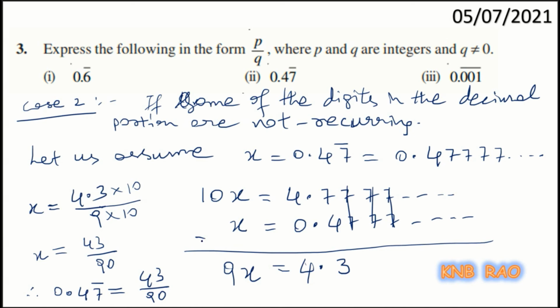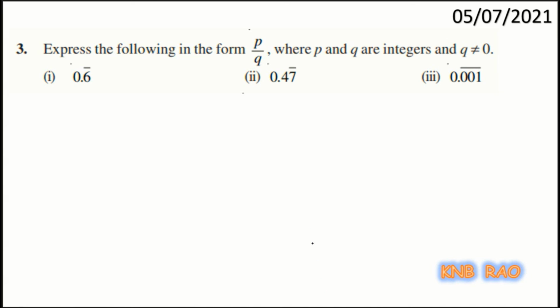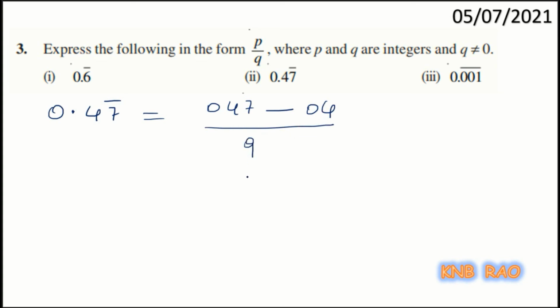Now, what would be the shortcut? Coming to the shortcut, 0.47 bar, whenever there is a second case, we write the whole number digits as it is, subtract from that the digits which are not repeating in the same order, upon periodicity times of 9, and as many zeros as the digits not repeating in the decimal portion.